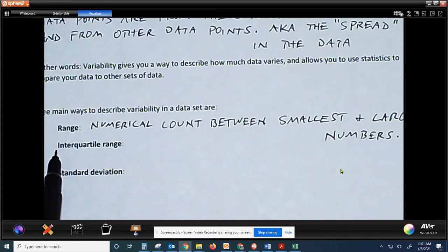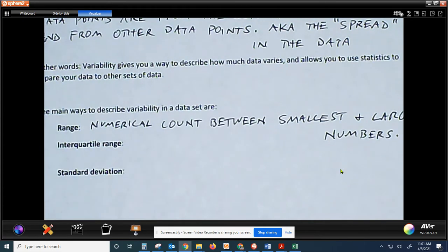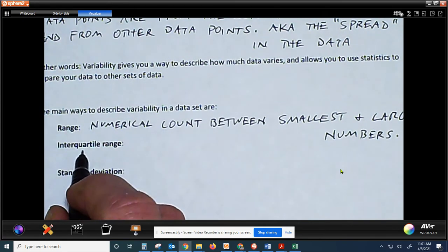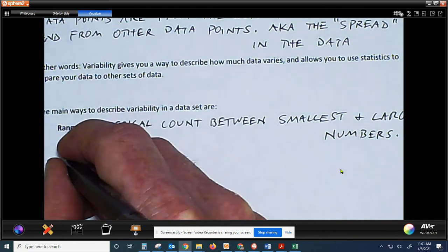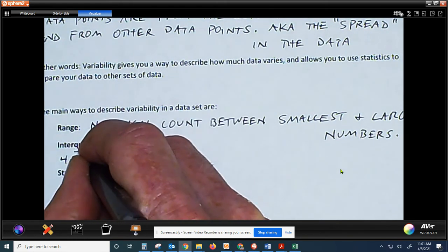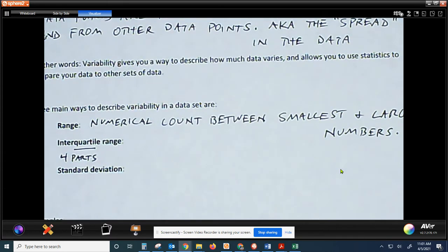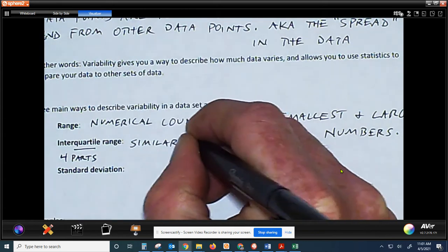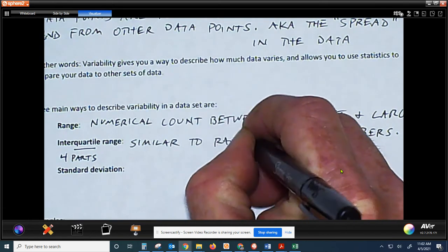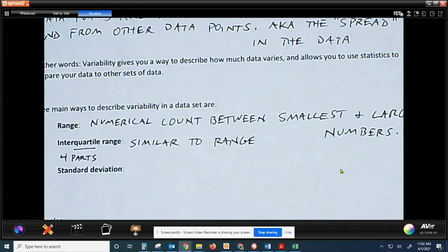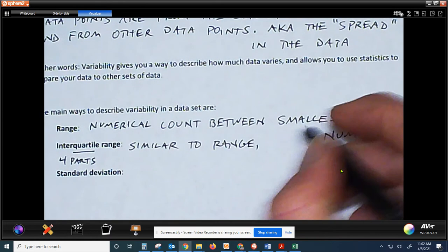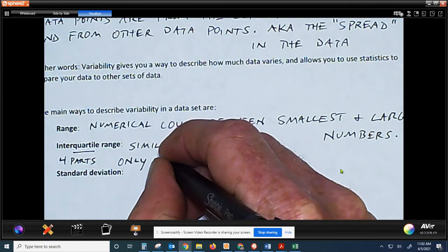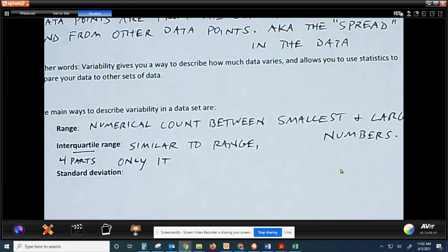This next piece says interquartile range. That's probably the biggest word we will deal with. Interquartile range. Well, quartile, I think of 4 parts. The interquartile range breaks down your data into 4 parts. It is similar to range, only it describes the middle 50% of your data.